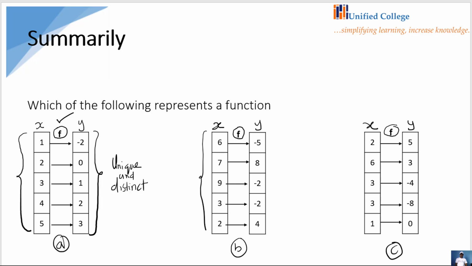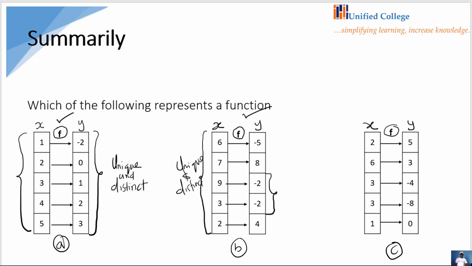Looking at all the x values, all of them are unique and distinct. Not minding the output values for 9 and 3, both of them are the same, but it doesn't affect our judgment that this relation is actually a function.